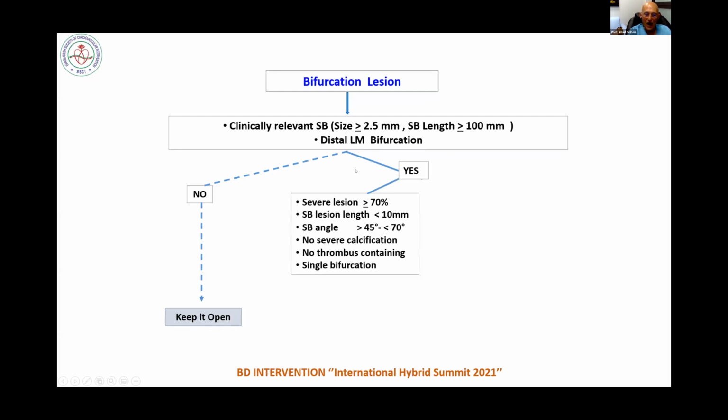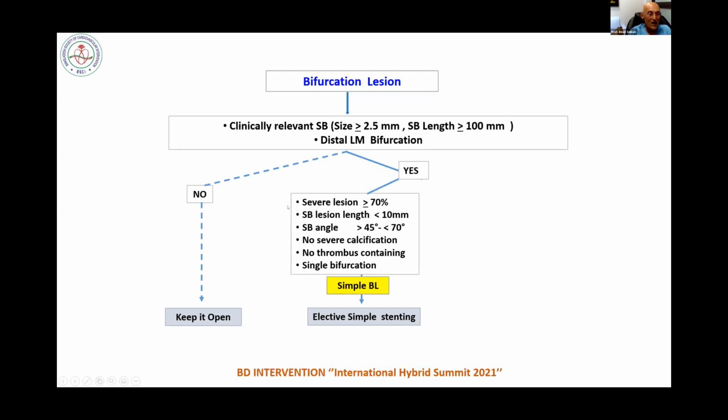So if you have a distal left main, you have severe lesion on the side branch, lesion length less than 10 millimeters, the angle is between 45 and less than 70, no severe calcification, no thrombus, single bifurcation, not multiple bifurcation, then this should be considered simple, and this should go for elective simple stenting.